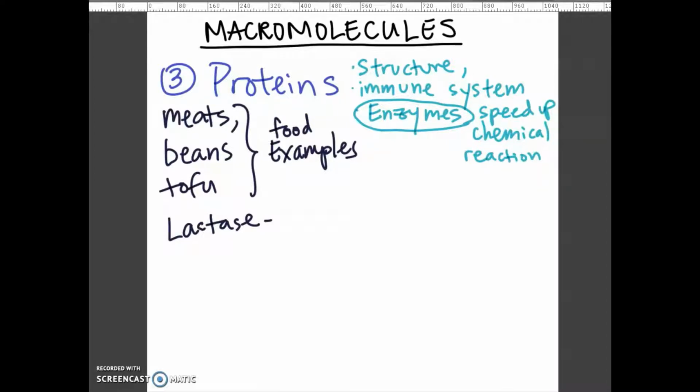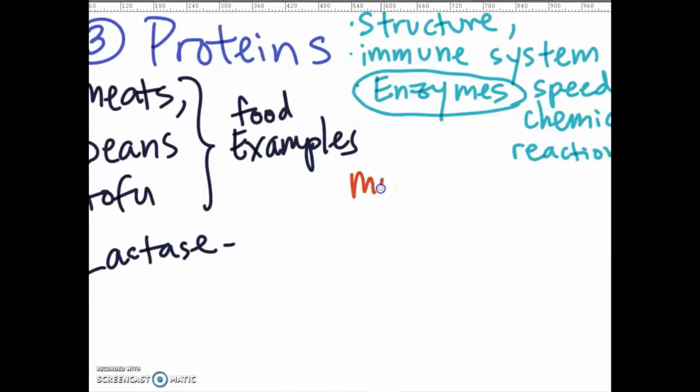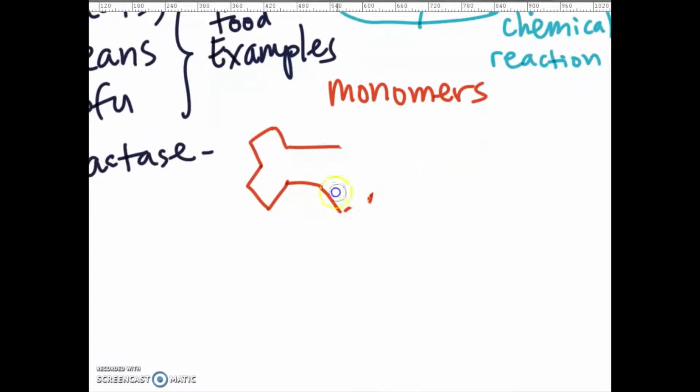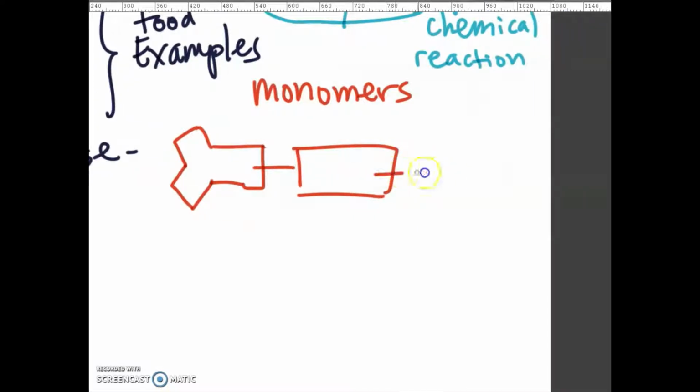The monomers for your proteins, let's talk about monomers now. What do they look like? They're also like a chain. But they're kind of in this shape for each monomer. So this one is going to bond. Well, once they bind, they look less like that. They look more like just regular blocks.